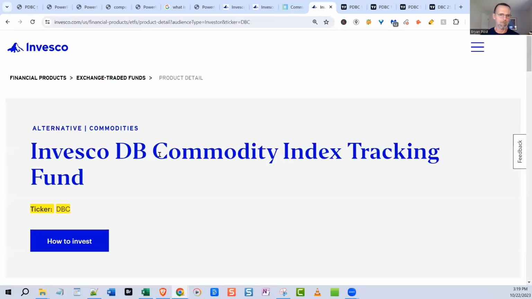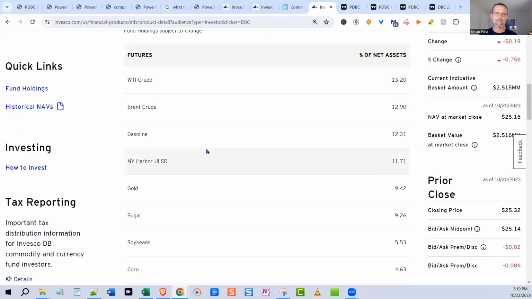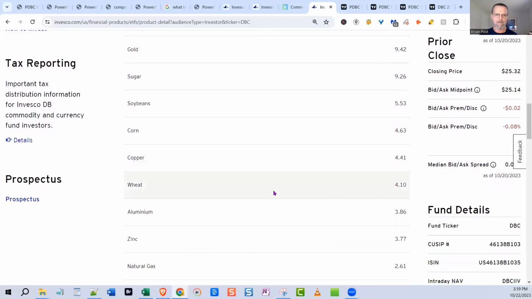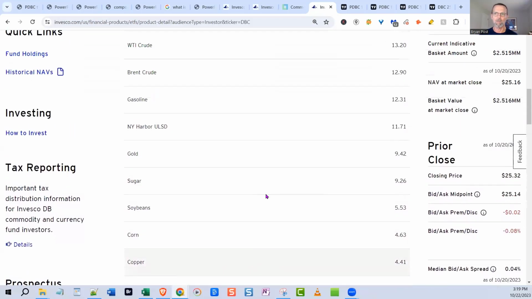So let's look briefly. This is DBC, and basically it mirrors PDBC. It's the same mix of commodities, and it appears to be pretty much the same weighting of those commodities.